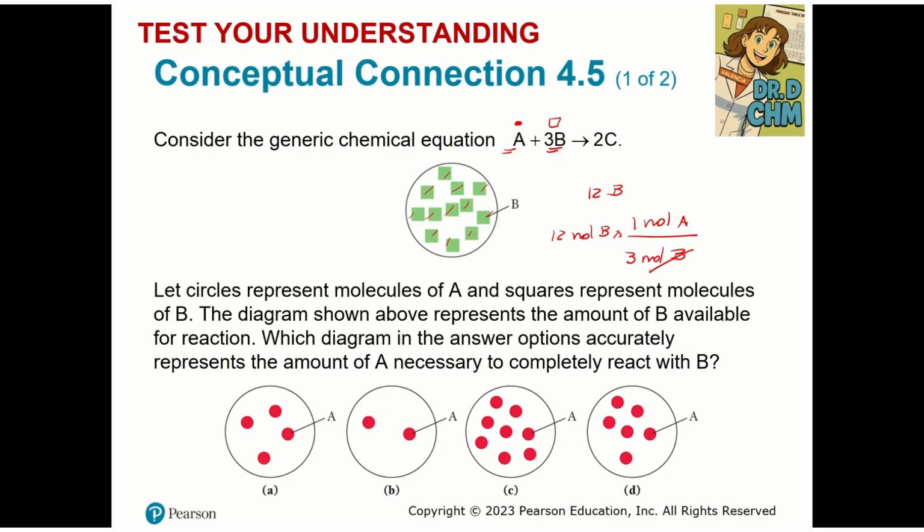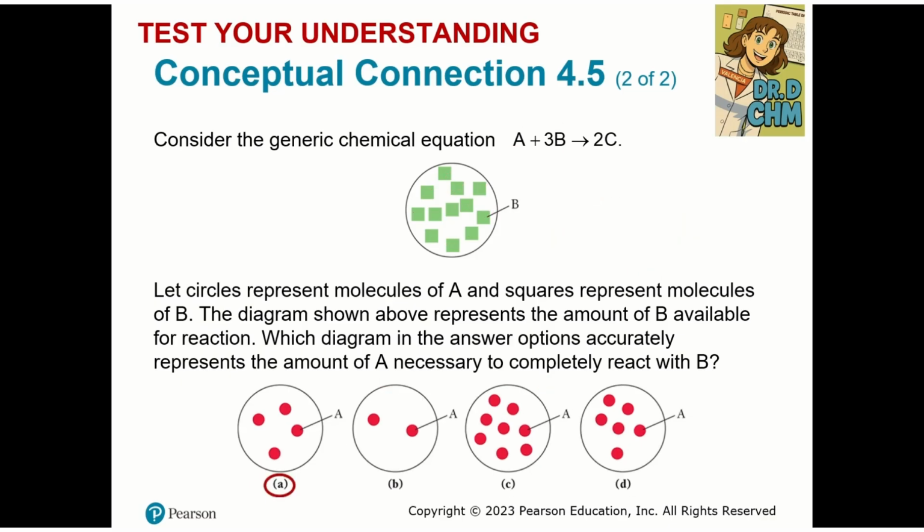So we're going to cancel B and B. So 12 divided by 3 is 4. I will need 4 moles of A. So here I have 4, 2, here I have 3, 6, 8, 2, 4, and 6. So the answer is 8.